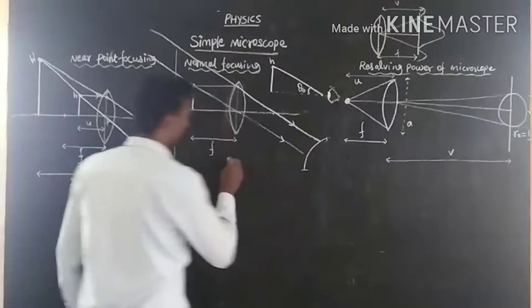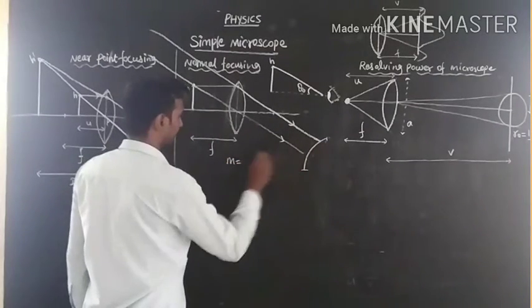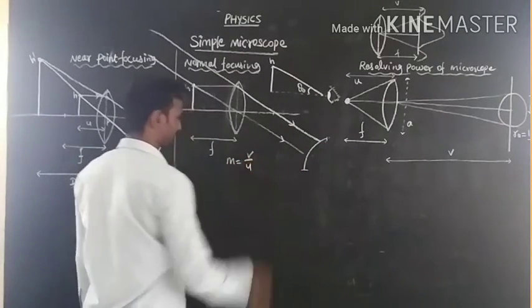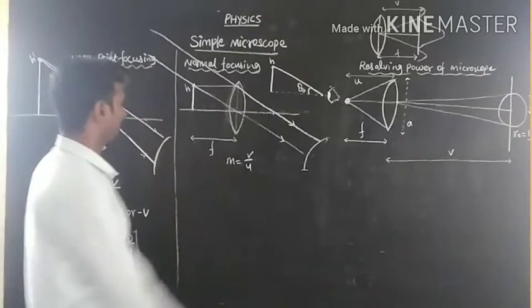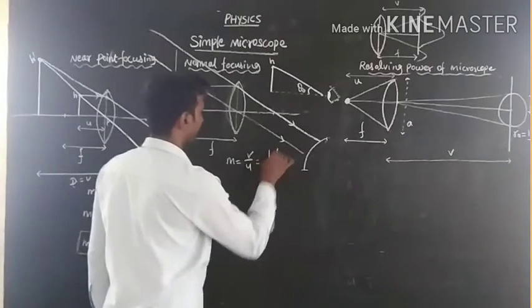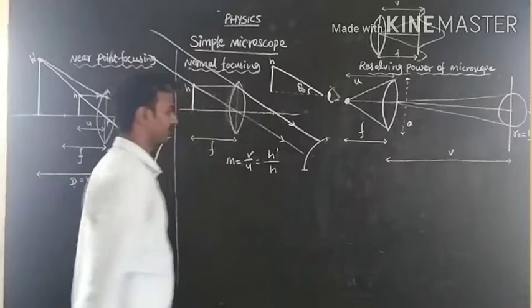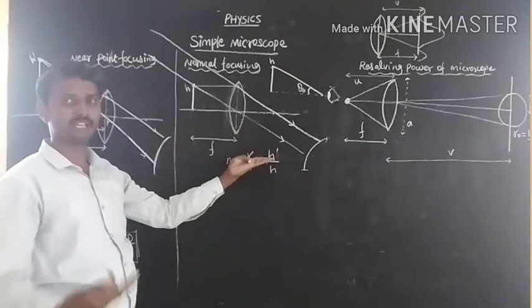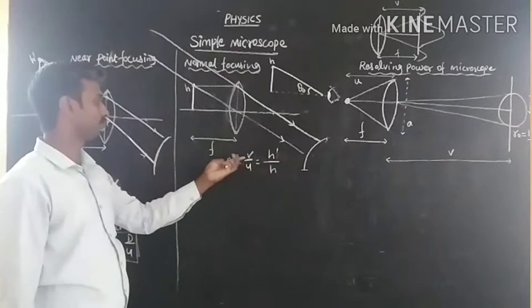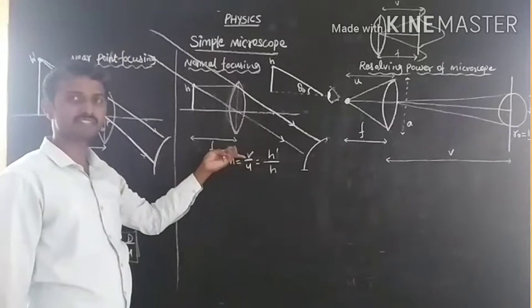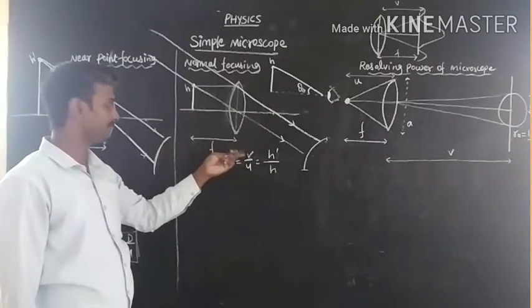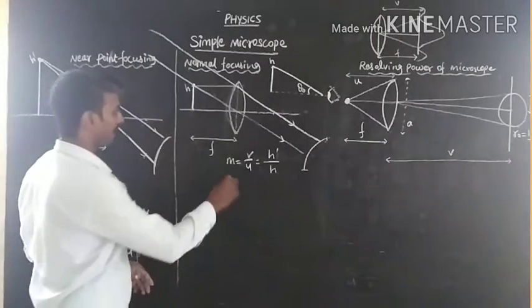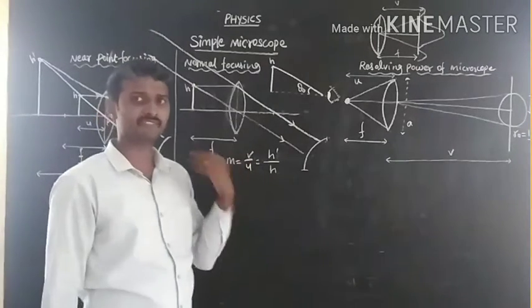Then the general formula of magnification is m equal to v by u, or h dash divided by h. If the image is at infinity, we don't know the value of the height and we don't know the position of the object. So it becomes infinity, so the magnification also becomes infinity.